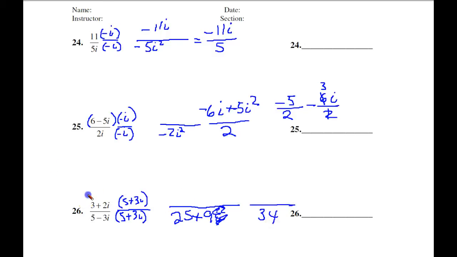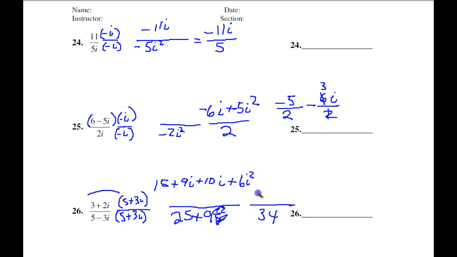Now as we FOIL the top, that's going to give us a 15. My outers are a positive 9i. My inners a positive 10i. And my last a positive 6i squared. But we know i squared is a -1. So this is going to be a -6 here.